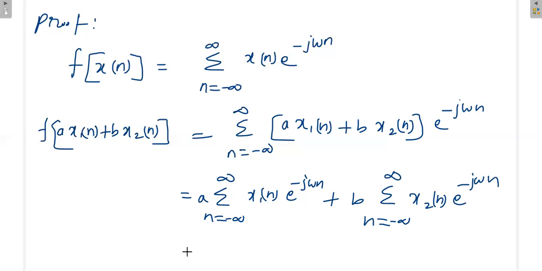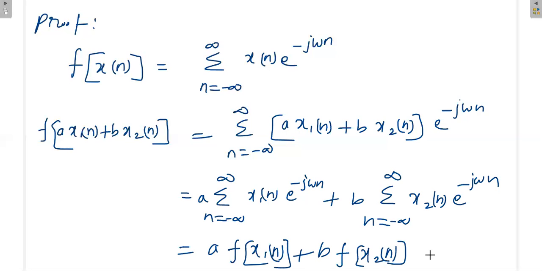We know that this is the discrete time Fourier transform of the signal x1 of n, so we can write a f of x1 of n, and this one we can write as b f of x2 of n. Finally, this is a x1 of e power j omega plus b x2 of e power j omega.